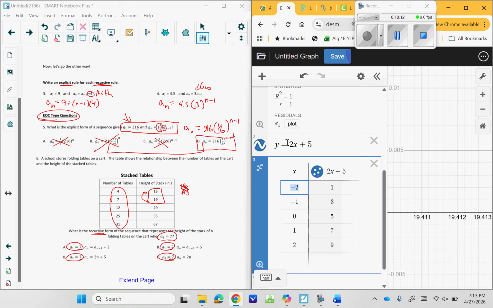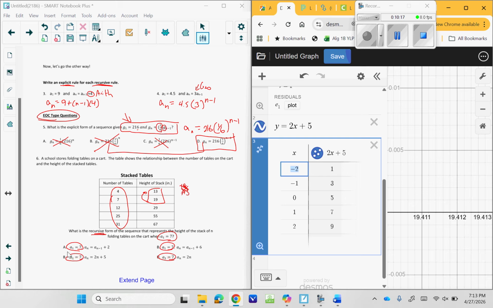So I know that it's going to be arithmetic because it's linear. So I can come over here and automatically get rid of this one. And notice how it gives me the pattern. So I'm adding 2 every time. So it has to be this one right here.